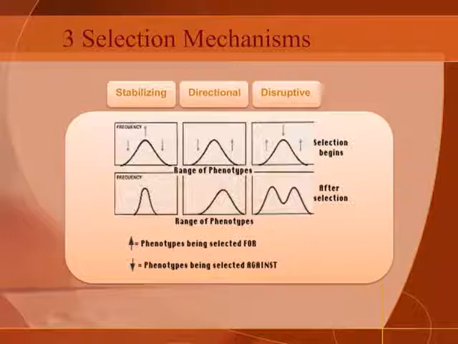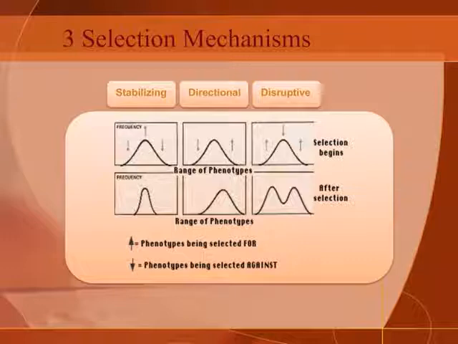The final type of selection mechanism is disruptive selection. So again, we have the normal distribution curve. Over time, both extremes are selected for, and the average is selected against.